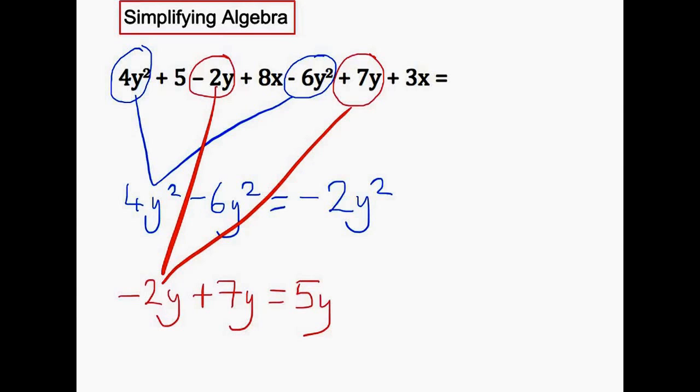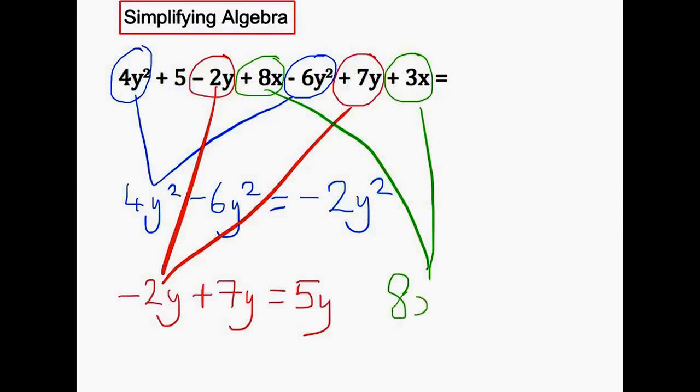We have plus 8 lots of x, and here we have some more x's. We have plus 3 lots of x. So when I combine those together, I have 8 lots of x plus 3 lots of x. Altogether, that gives me 11 lots of x. We also have plus 5. There are no other numbers for me to combine that with, so I just have plus 5.